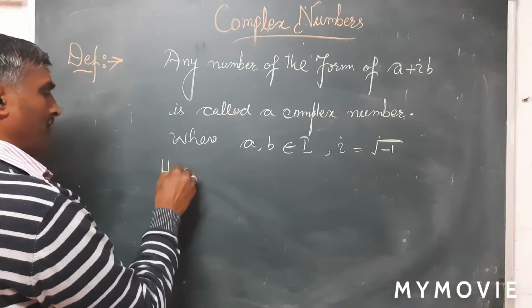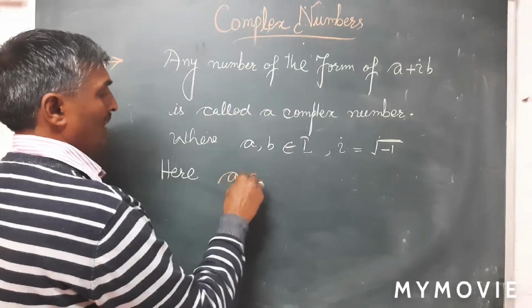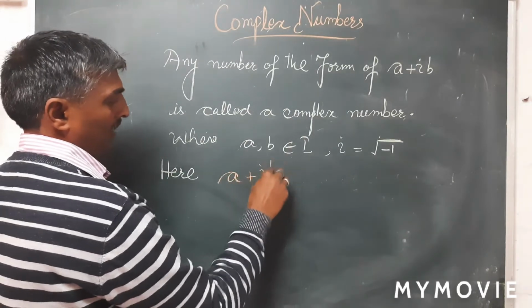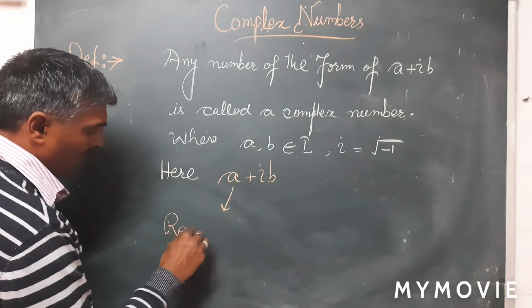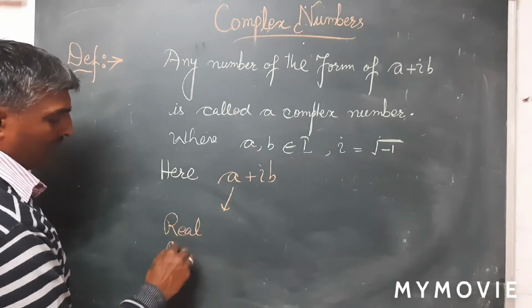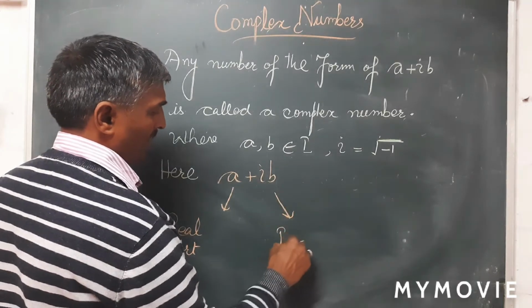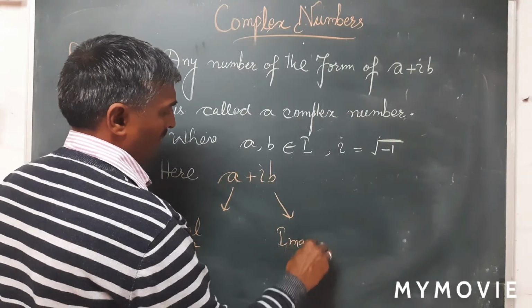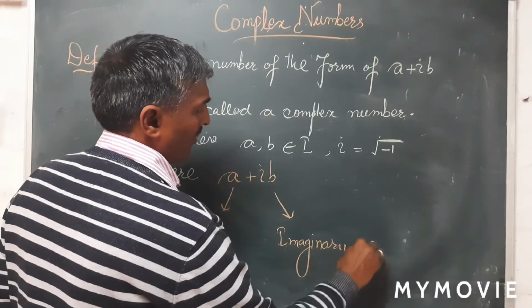Here, in a plus iota b, this one is the real part, and this is the imaginary part.